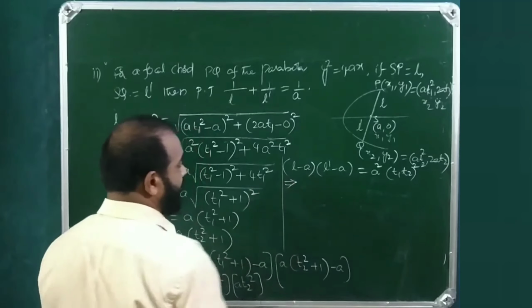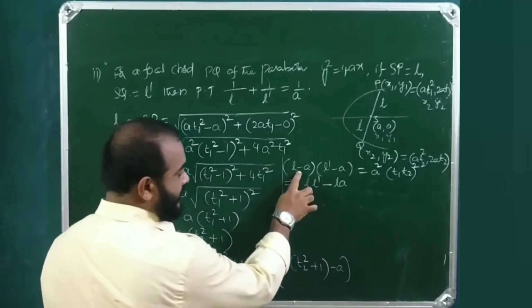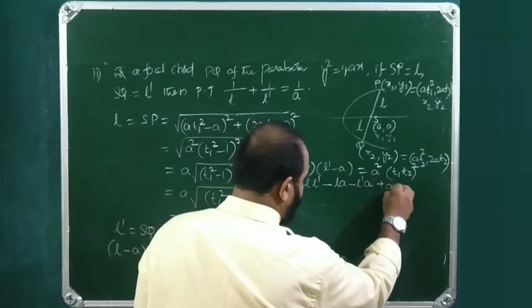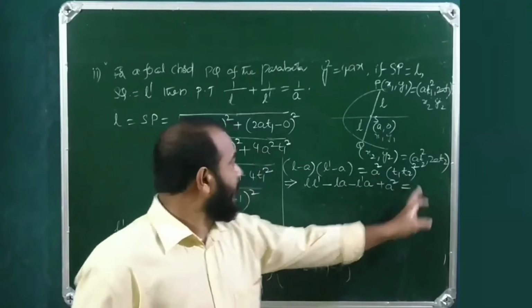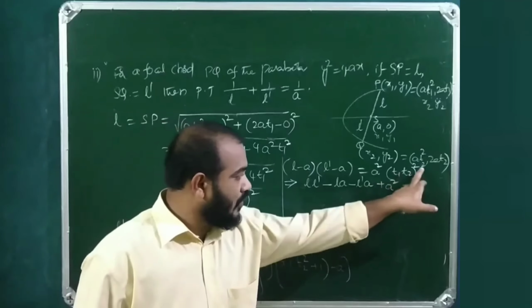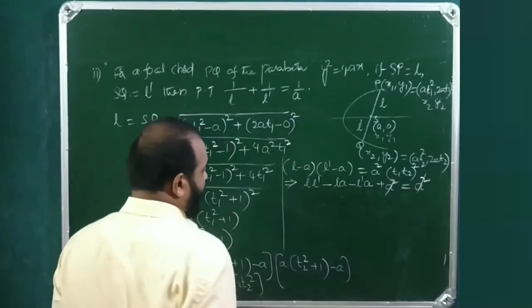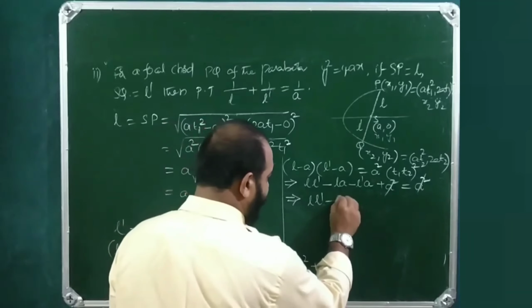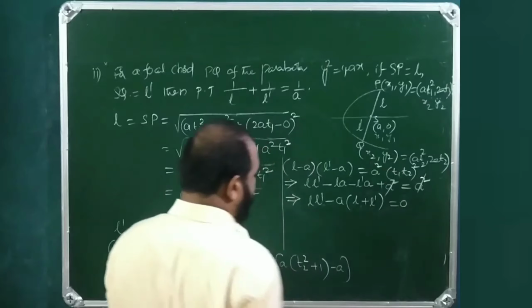So this implies L L dash minus a L minus a L dash plus a square is equal to a square into t1 t2, and t1 t2 is minus 1, so minus 1 whole square is 1 into a square. a square gets cancelled. If I take a in both of them, then we will be getting L plus L dash equals 0.